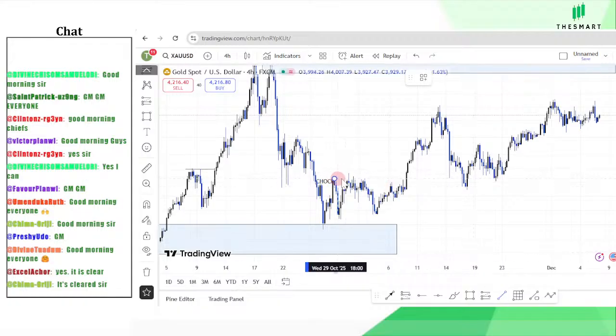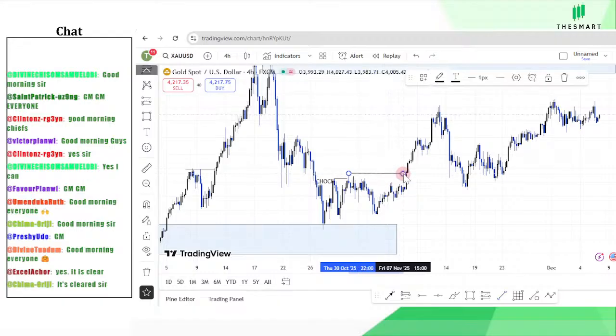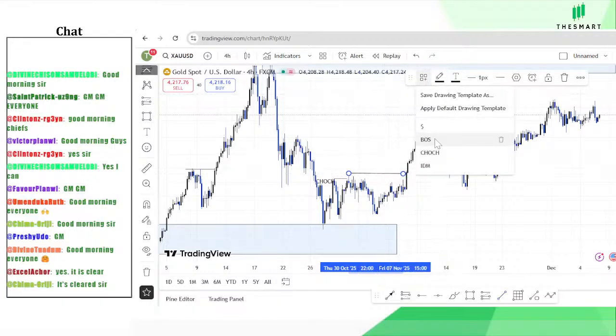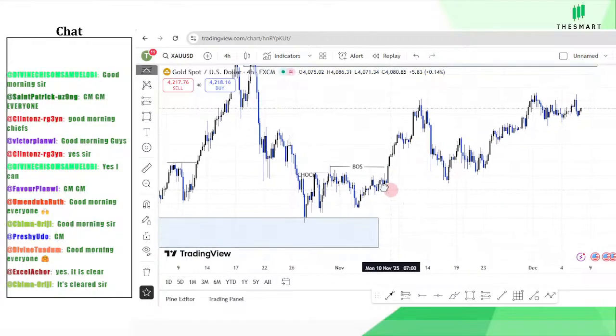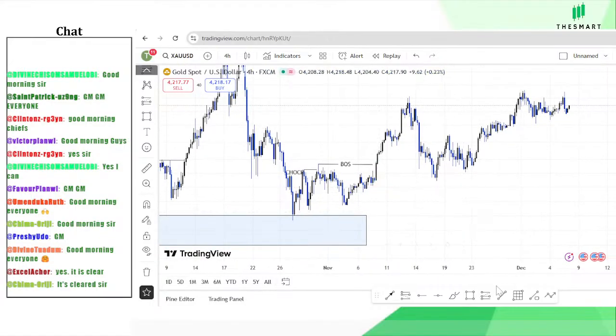We had a sweep, followed by an external break of structure at this level. Price came back to mitigate this point.